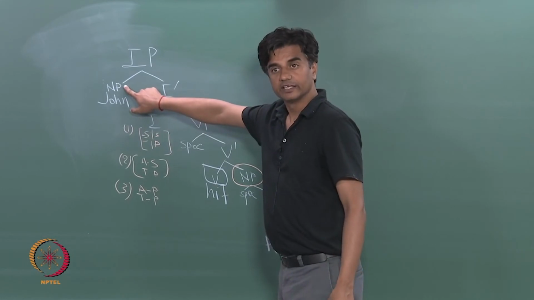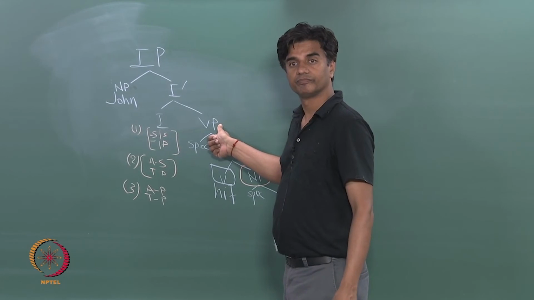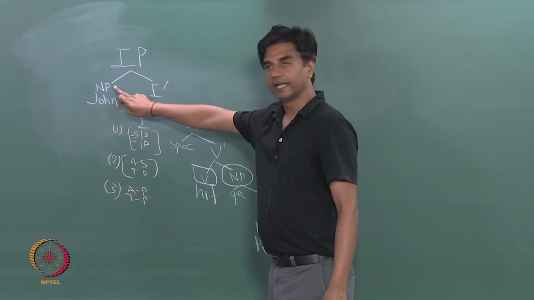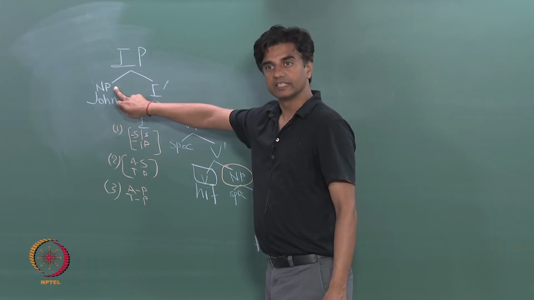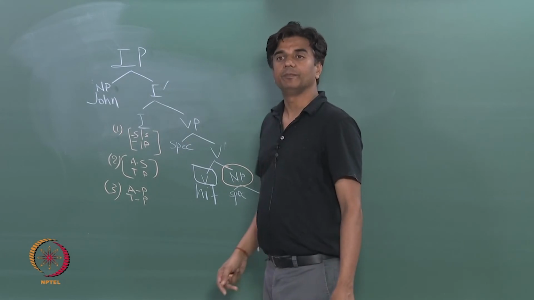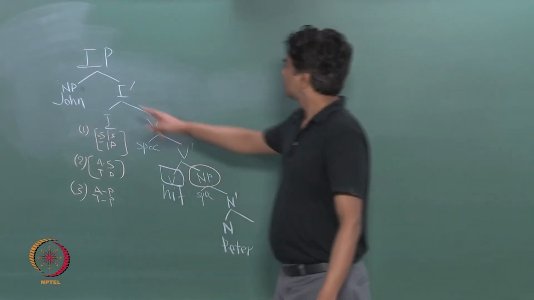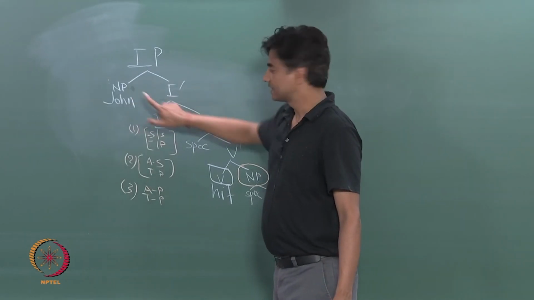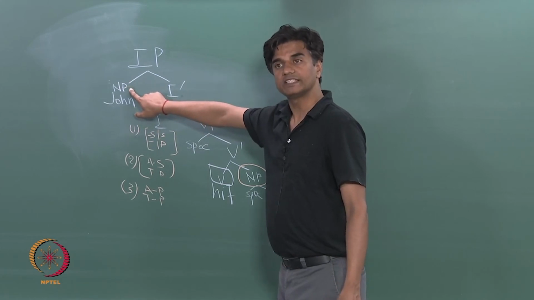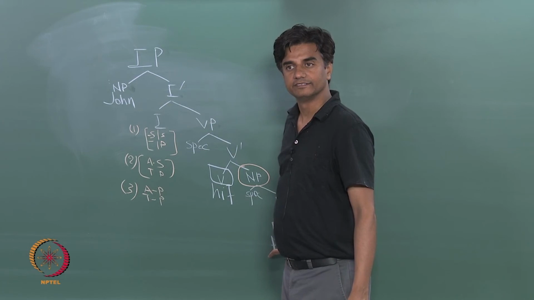This NP, in the position of spec IP, precedes VP. We can say that. We can also say this NP precedes I bar. Therefore, this NP precedes everything else.